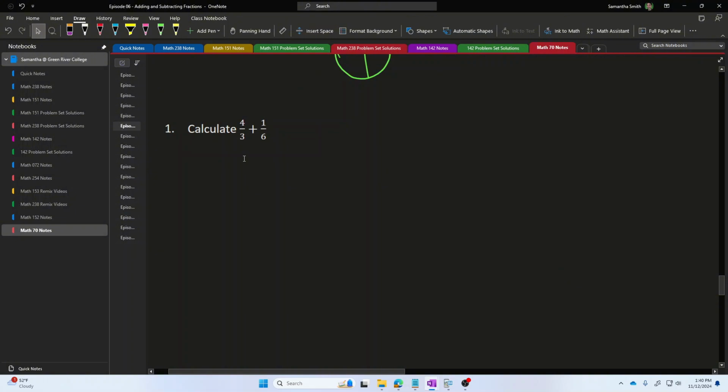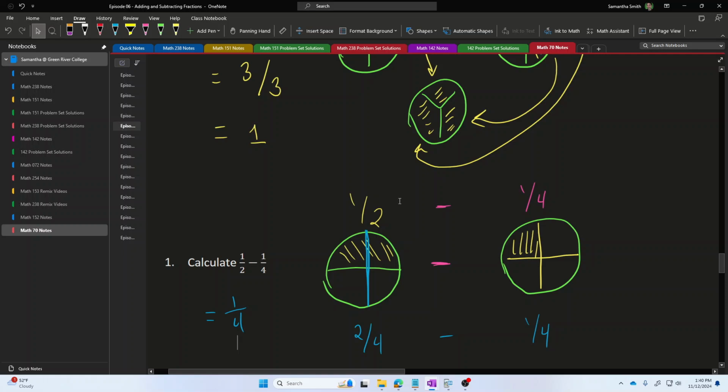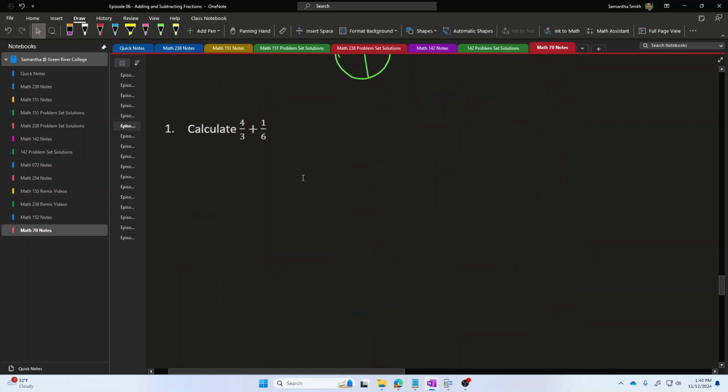In other words, I'm going to make some slices into these pizzas so that all the pieces of both pizzas are exactly the same size, so that it makes sense to combine those slices. So the first thing that I will do is figure out what is the smallest number that works as a multiple of both 3 and 6 in this problem.